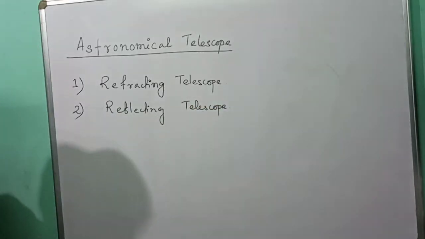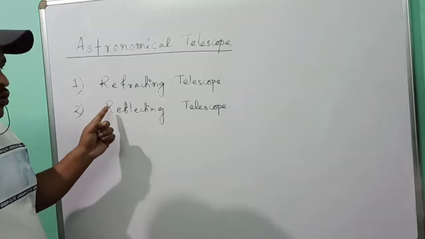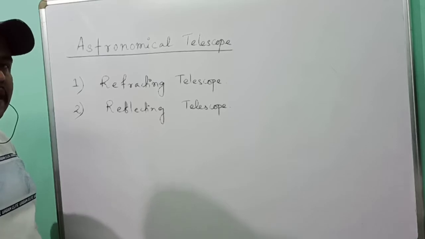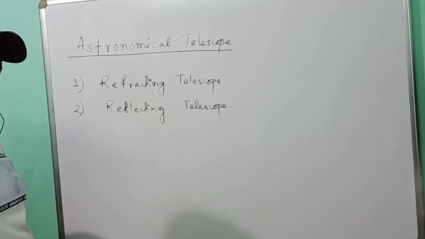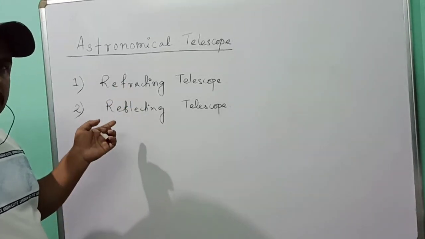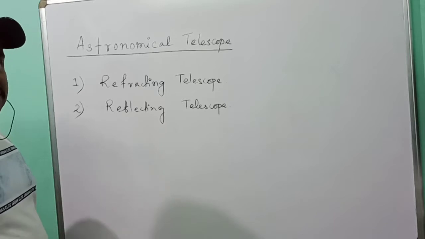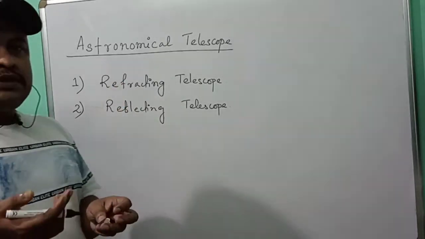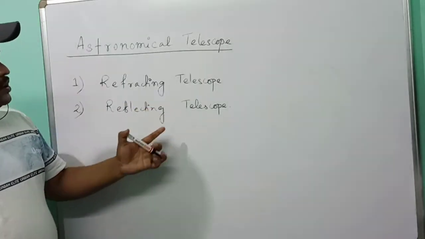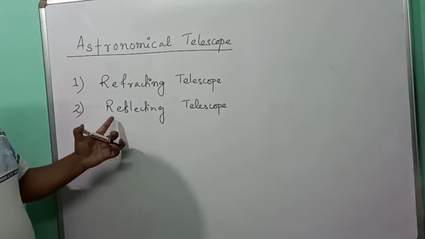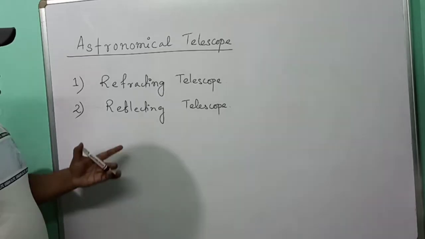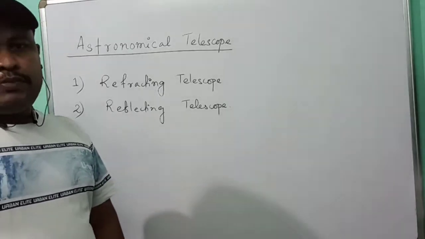In a refracting telescope, we can see the phenomenon of refraction of light due to lenses. Here there will be two lenses: one is the objective lens and the second is the eyepiece lens. In a reflecting telescope, we can see the phenomenon of reflection of light due to a spherical mirror.